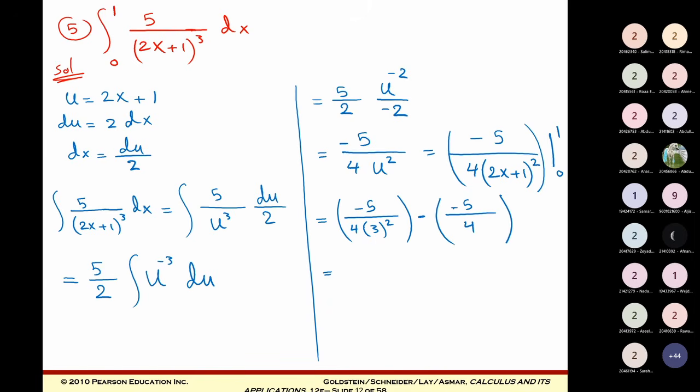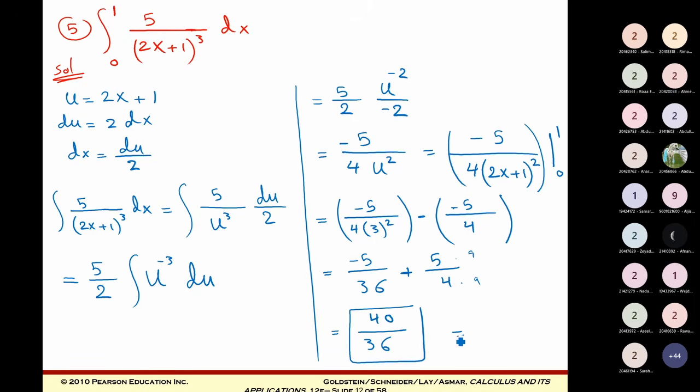So we have minus 5 over 36 minus, plus 5 over 4. This is equal, multiplied by 9, so we have 36 and 40 minus 5 plus 45. So this is the value.